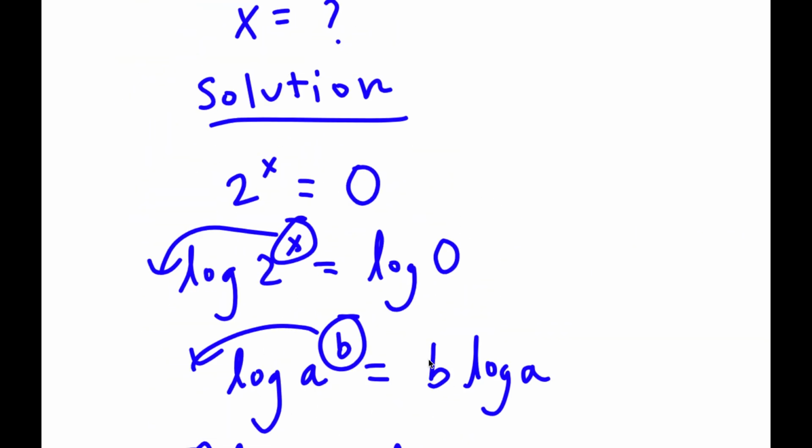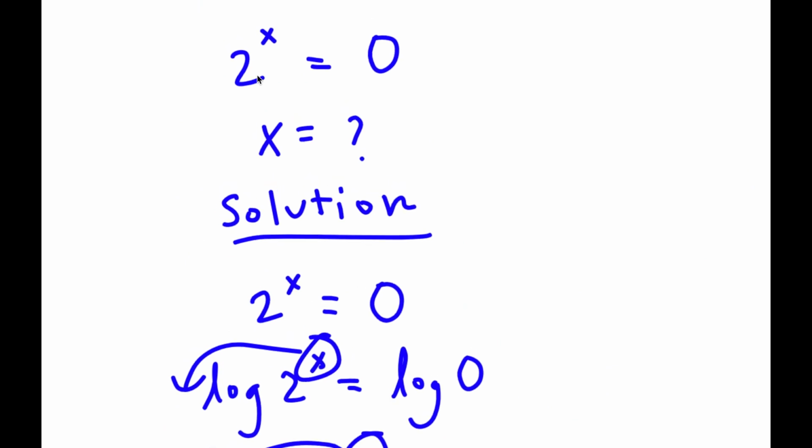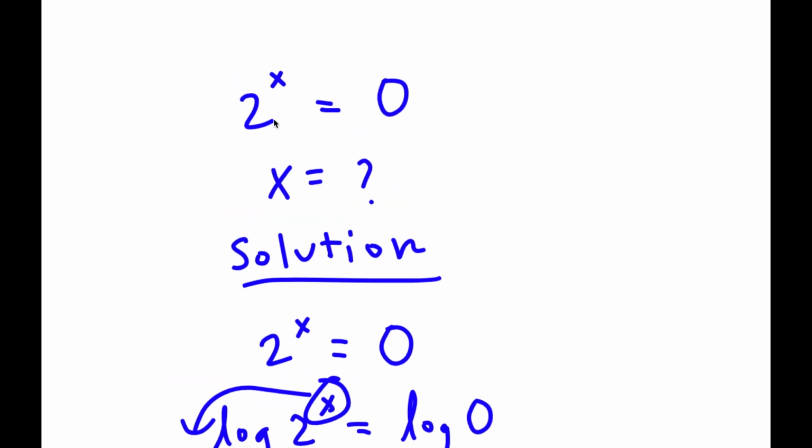And also, if you look here, you can't take the power of a number and make it equal to 0, because no matter what power you take, a number cannot equal 0. So undefined is my answer.